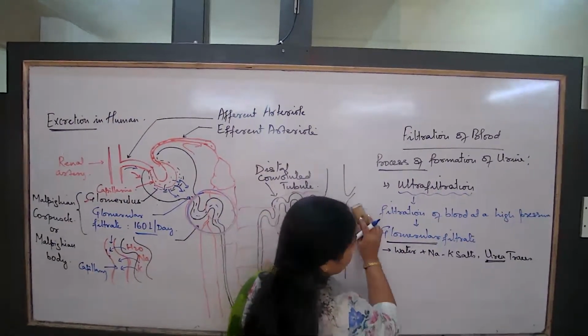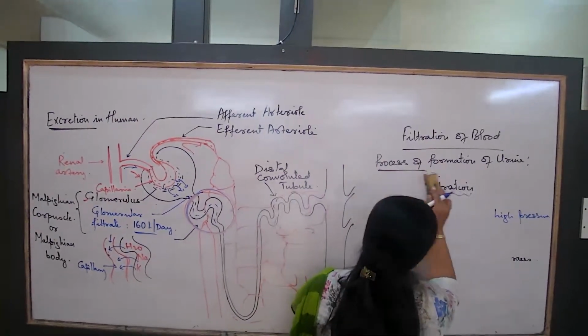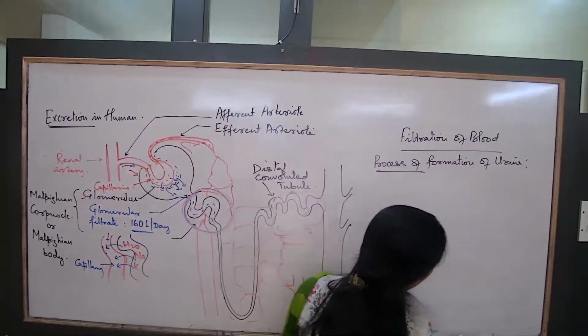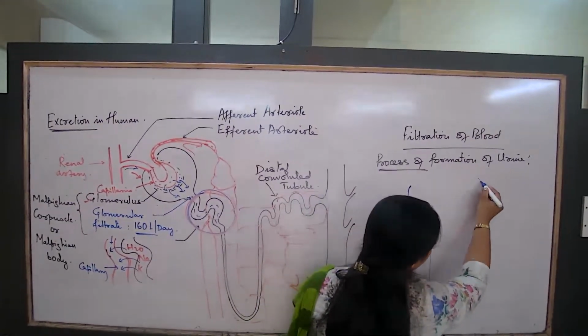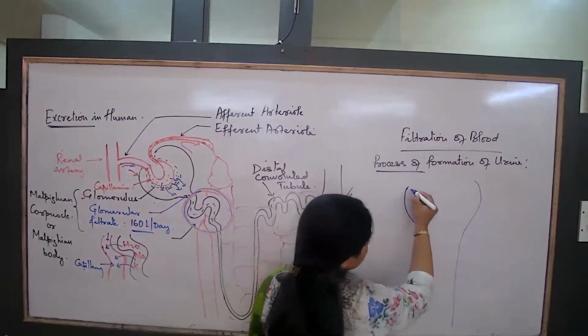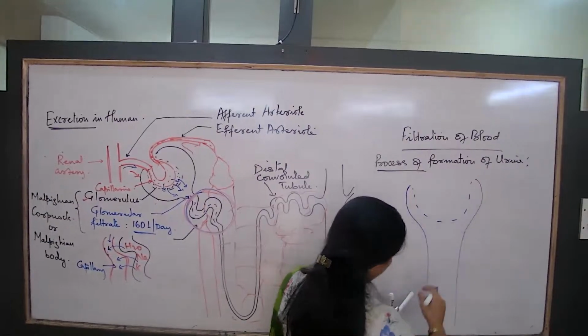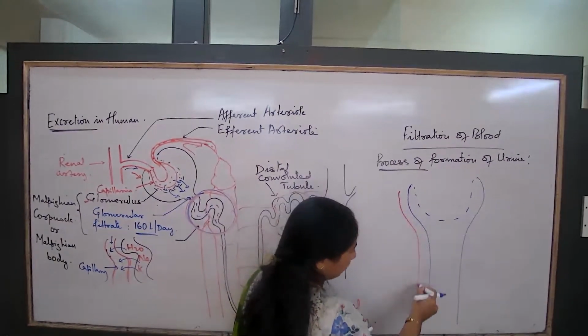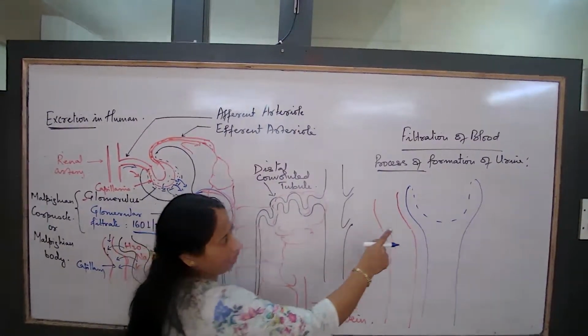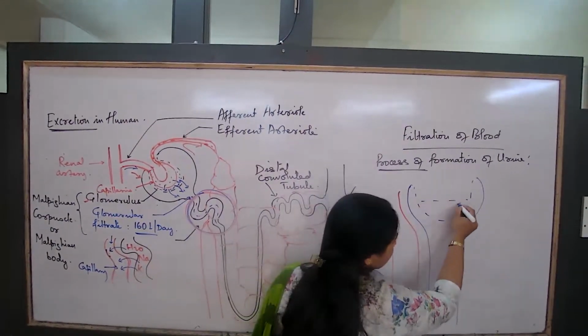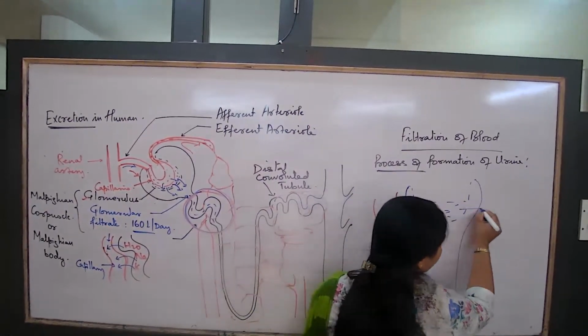Try understanding. After filtration, we will just talk stepwise. I am talking about a figure something like this. This is the Bowman's capsule and the surrounding blood vessel. What am I drawing here? Now this Bowman's capsule, the glomerular filtrate. What is this?